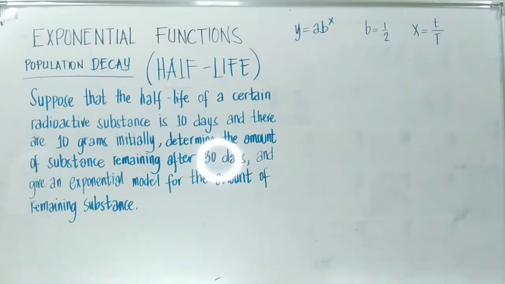Okay, so suppose that the half-life of a certain radioactive substance is 10 days and there are 10 grams initially. So we have to determine the amount of the substance remaining after 30 days and give an exponential model for the amount of the remaining substance.